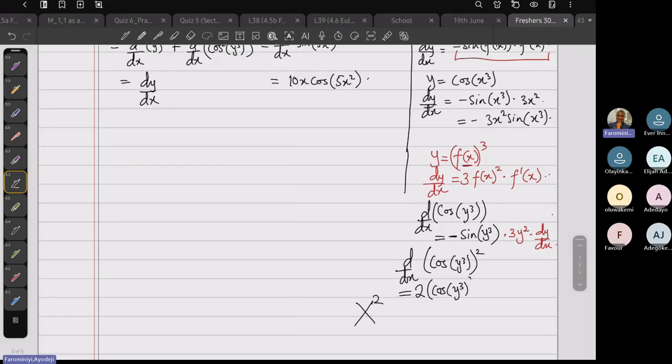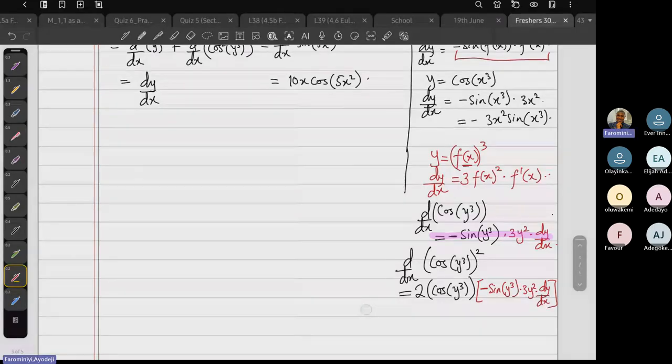The inner function is what we have done here, so put it beside it: times negative sine y cubed times 3y squared dy/dx.